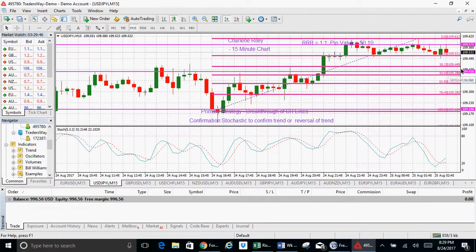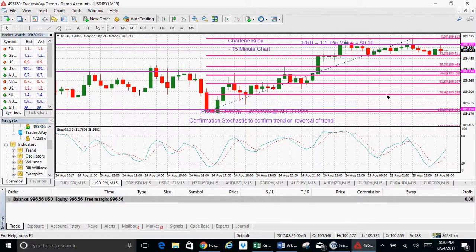For a sell, I'd be looking for the break below the 109.511 and stochastic below 50 and dropping.